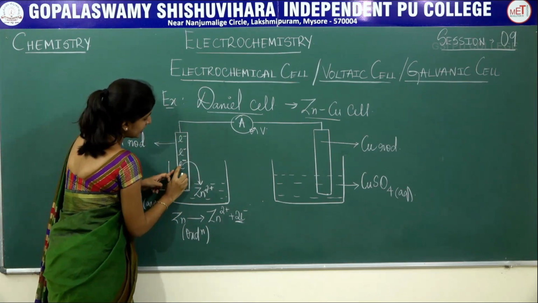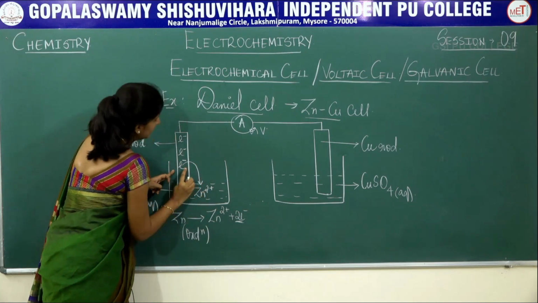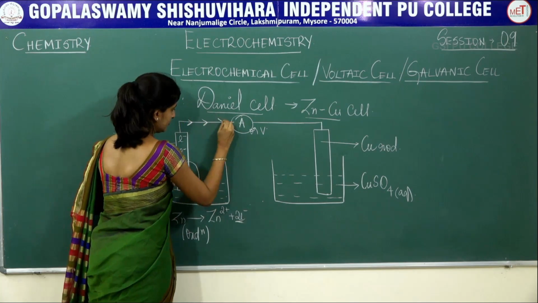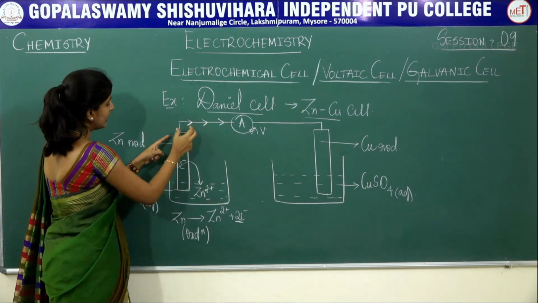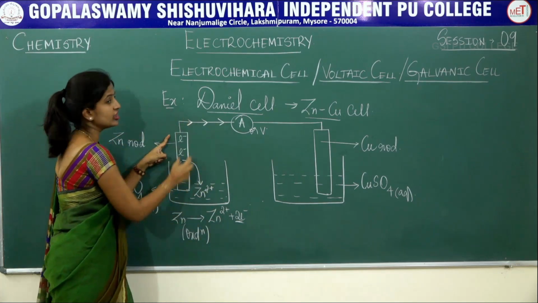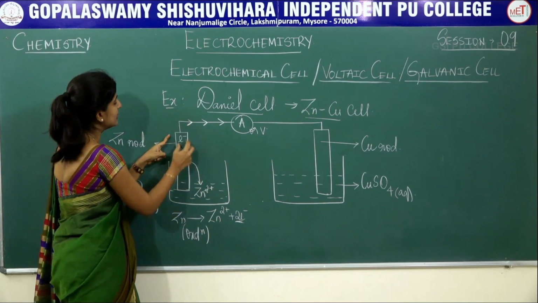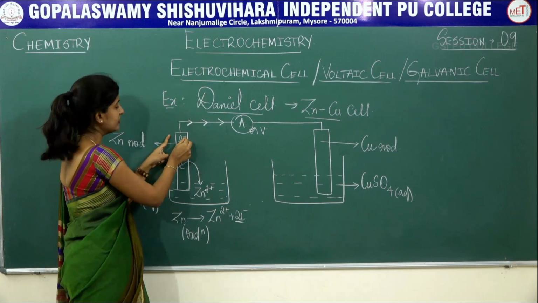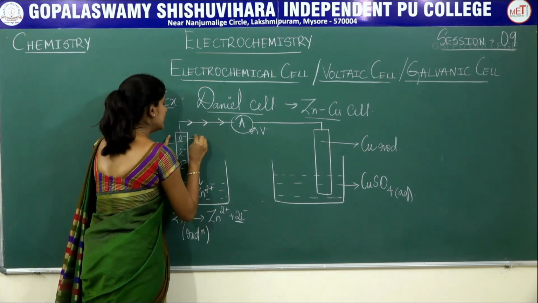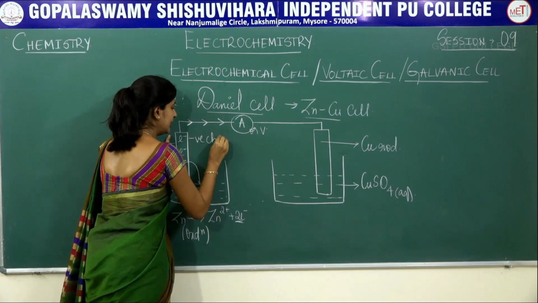That is, the zinc ions enter the aqueous solution while the electrons move outwards in this direction. You can observe that this rod, which is losing zinc ions, is rich in electrons. As a result, the charge is negative. So this rod is rich in negative charges, and as a result this becomes the negatively charged electrode.